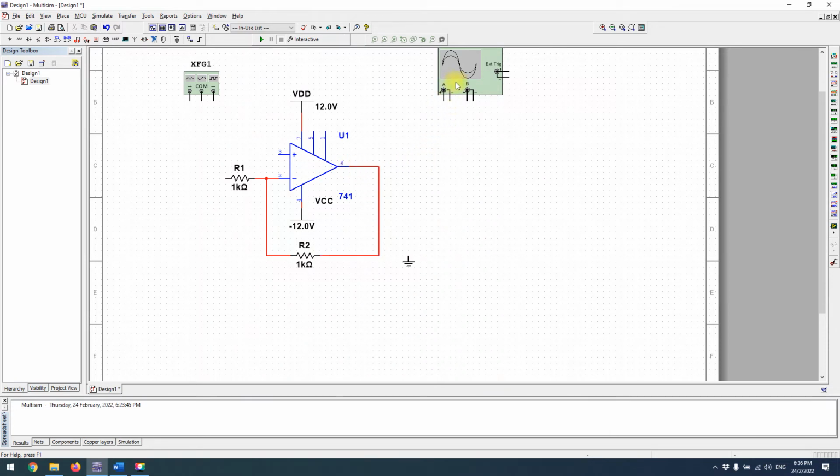We have two channels on this oscilloscope. So A is going to be our input channel, B is going to be our output channel. So connect this to here, and I'm going to need a few more grounds.